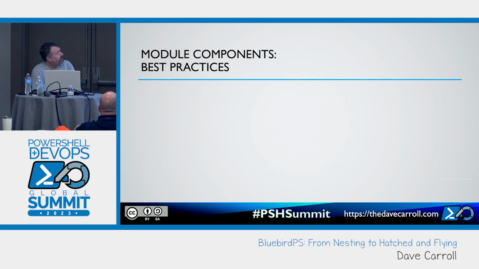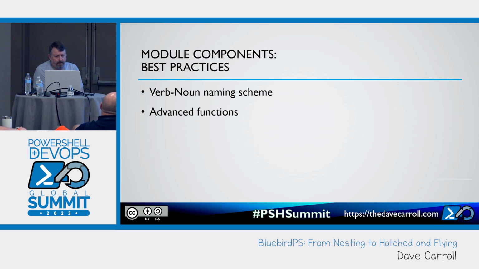So in general, best practices for an API module, or maybe any module: you should always use the verb-noun naming scheme, and it should be proper or approved verbs that you get from Get-Verb. You should also consider using advanced functions.